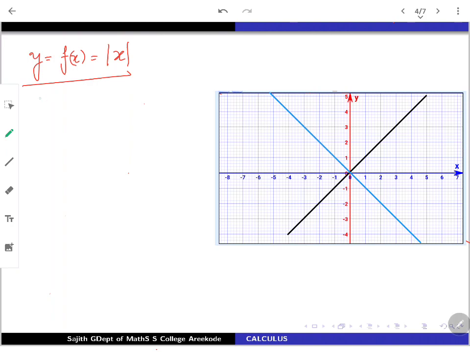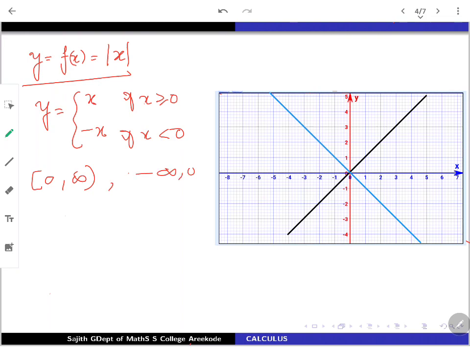So the definition, if you are looking at the function mod x, you can see that it is piecewise defined in this case, that the whole domain of R is divided into two. If x is non-negative, you will put the value x, and if x is less than 0, you have to put minus x. So the entire domain of real numbers is divided into 0 to infinity, as well as minus infinity to 0.